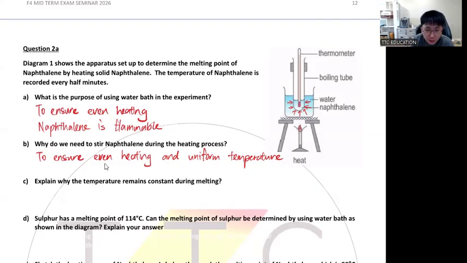Explain why temperature remains constant during melting. This is what I mentioned just now. When you are melting, the temperature goes up, halfway, suddenly when it starts to melt, the temperature is constant. So this is something very important.